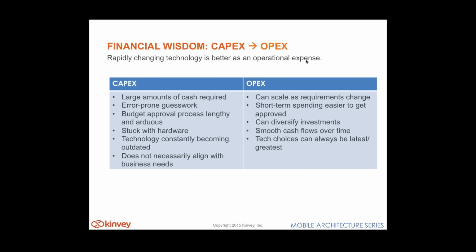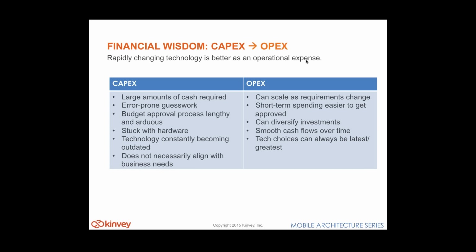Now, often that was thought to be financially wise because you can depreciate those assets, but with rapidly changing technology, it ends up being much better to move from your Capex to actually changing those technology expenditures to be a service, which is an operational expense.